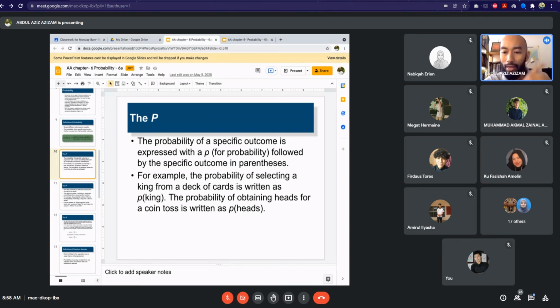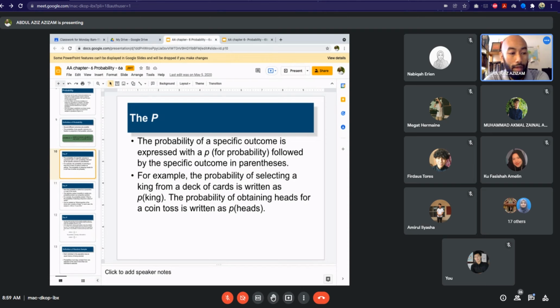Dia lebih kepada psikologi sikit lah dalam tu, sebab kita nak tengok orang yakin tak yakin dan sebagainya kan. Dan game tu tak bagus sangat. Tapi kalau you tengok dalam Big 2, dia ada probability game dalam tu.